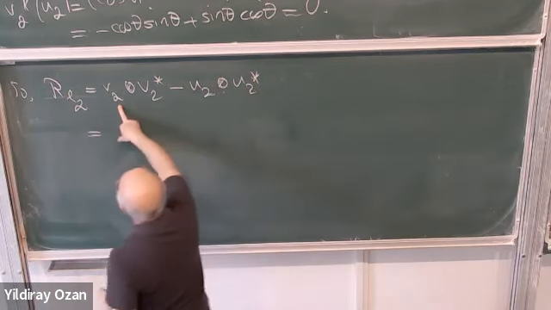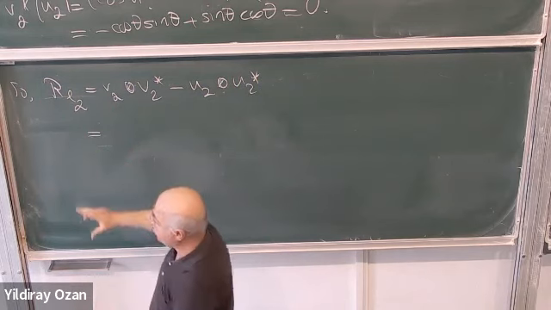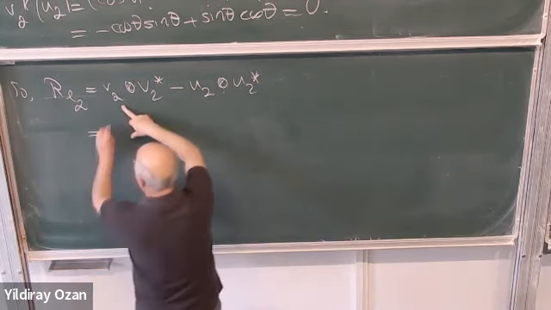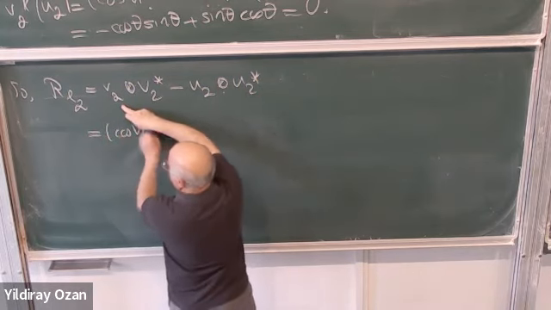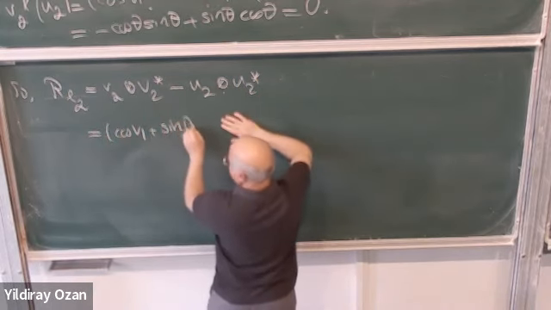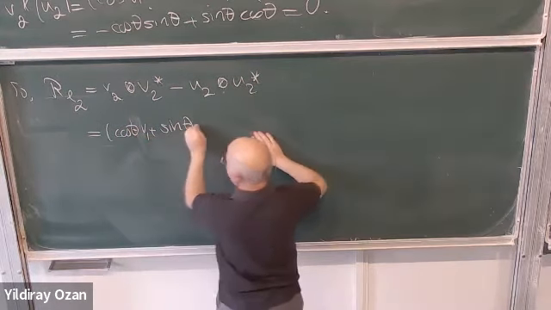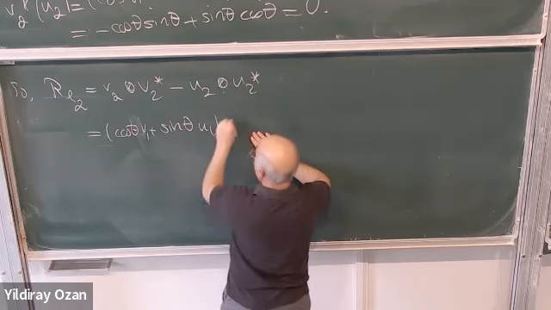So what is V2? I want to write everything in terms of U1, V1. So this is cosine theta, of course, V1 plus sine theta U1.